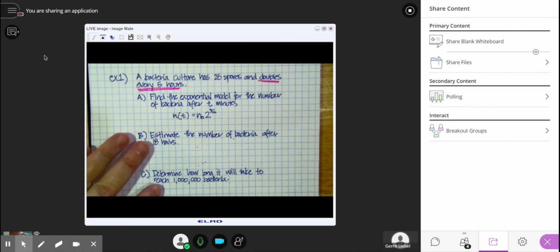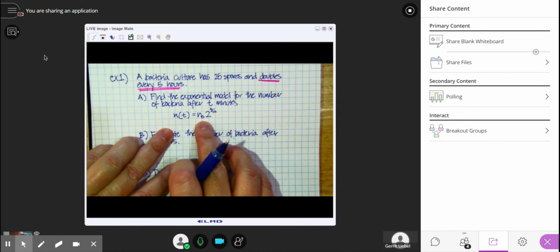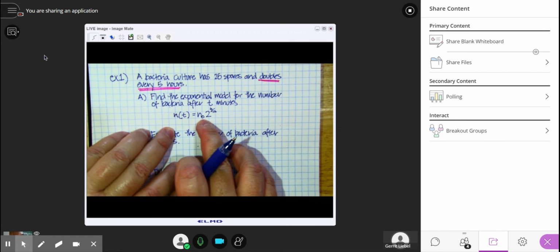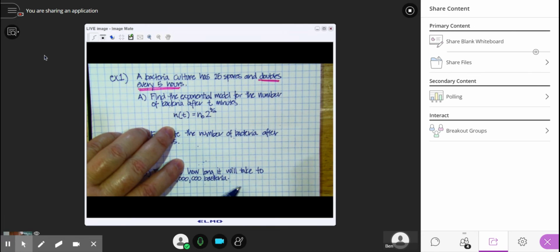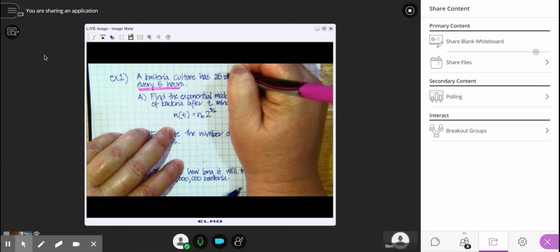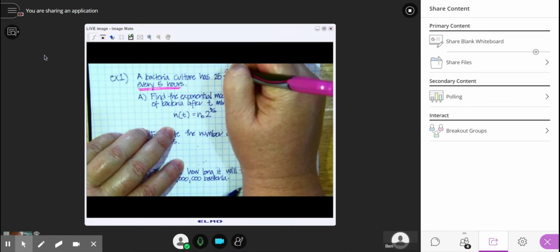I just need to determine what is my initial population and what is the doubling time. So that means that this 25 spores is my n sub 0.